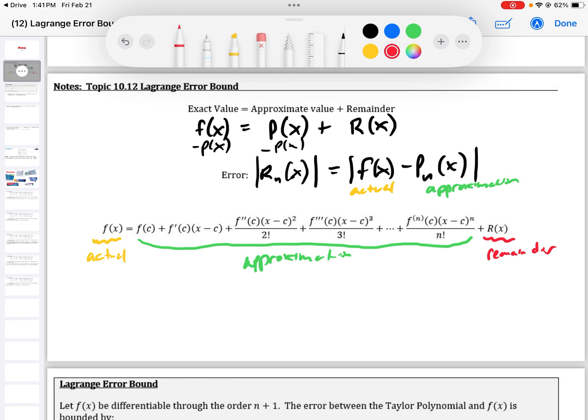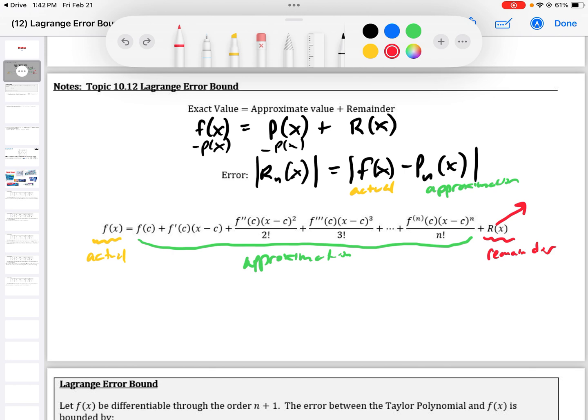So what is the remainder? The remainder is the next term in the series. So here's your Taylor polynomial, f of c, plus the first derivative evaluated at c times x minus c, just how we built the Taylor polynomials in the last lesson. The actual value is just whatever the Taylor polynomial approximation is plus the remainder. And we're going to think of the remainder like the next term.